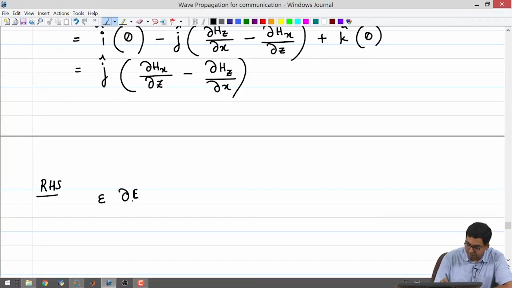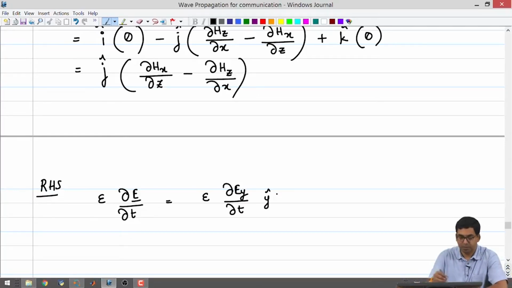Epsilon dou E dou t becomes epsilon dou Ey dou t. We can forget about the unit vector in the y direction and equate the coefficients. So you have dou Hx by dou z minus dou Hz by dou x equal to epsilon dou Ey dou t.